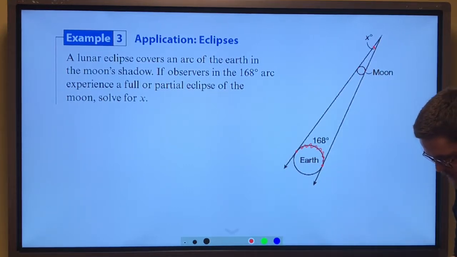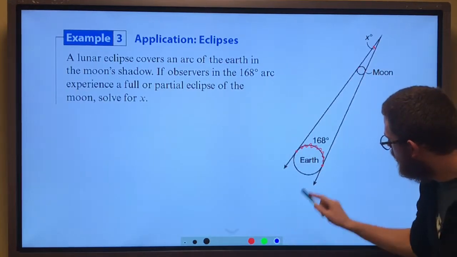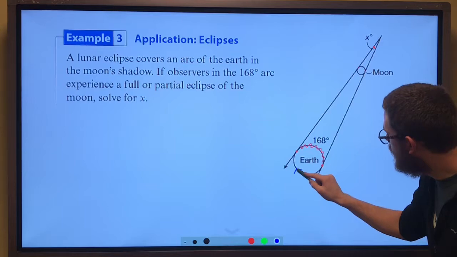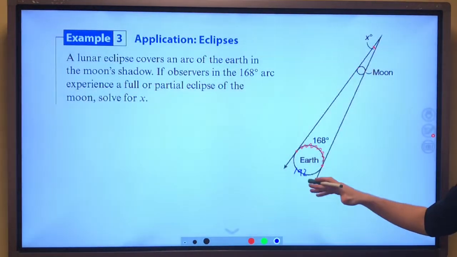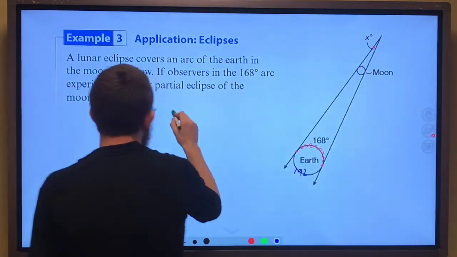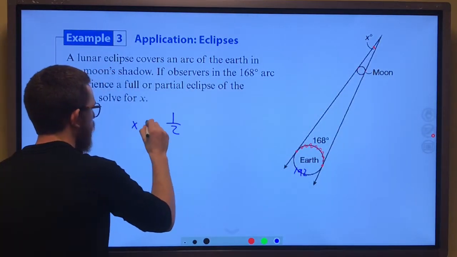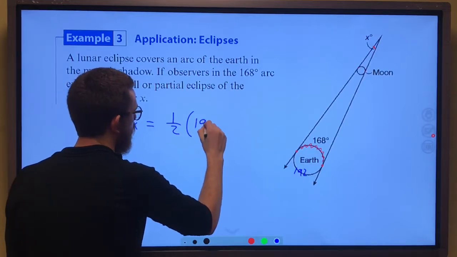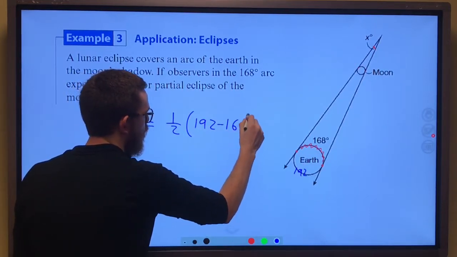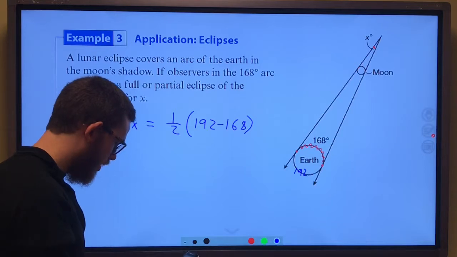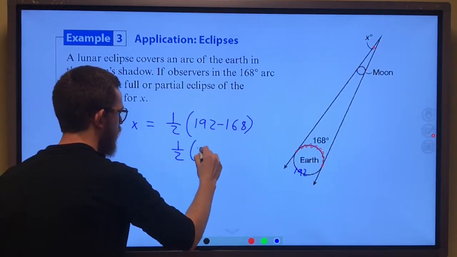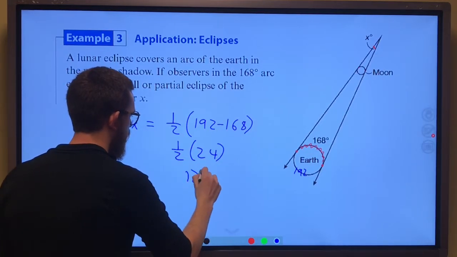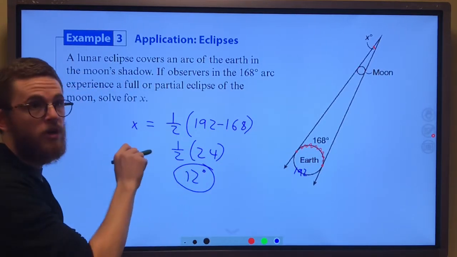If we subtract that from 360, we know that this arc would be 192 degrees, and I know that my angle that creates this is going to be half the difference in my arcs. 192 minus 168 is 24. Half of 24, x must be 12 degrees.